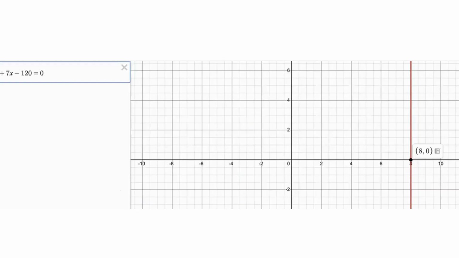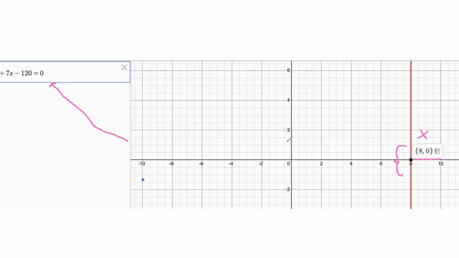This screen just shows what it would look like if we plug in that equation into Desmos. As you can see here, we plug the equation directly in, we set it equal to 0, and I went ahead and tried to solve and see where my x lies.